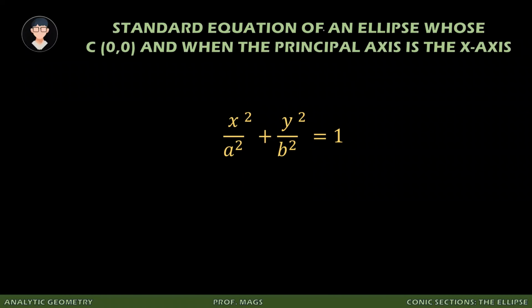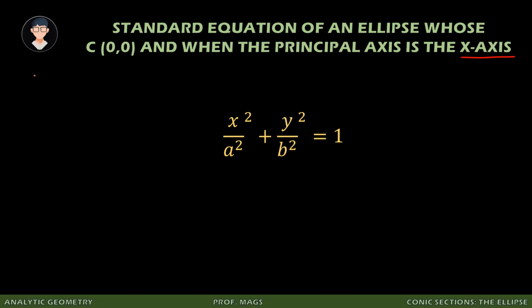The standard equation of an ellipse whose center is at the origin, C (0, 0), and when the principal axis is the x-axis, our standard equation of an ellipse is x square all over a square plus y square all over b square is equal to 1.